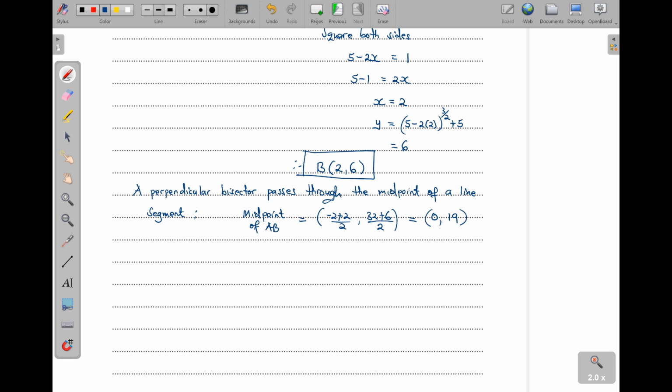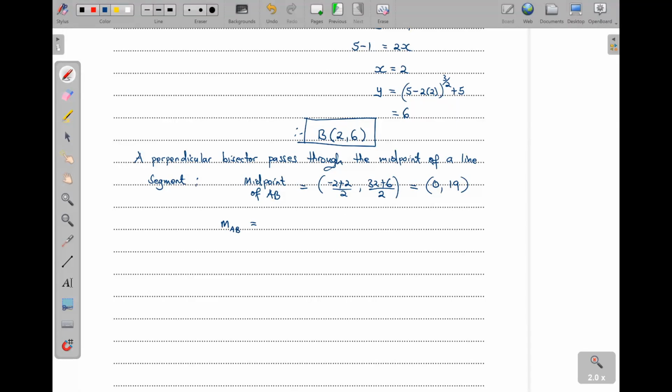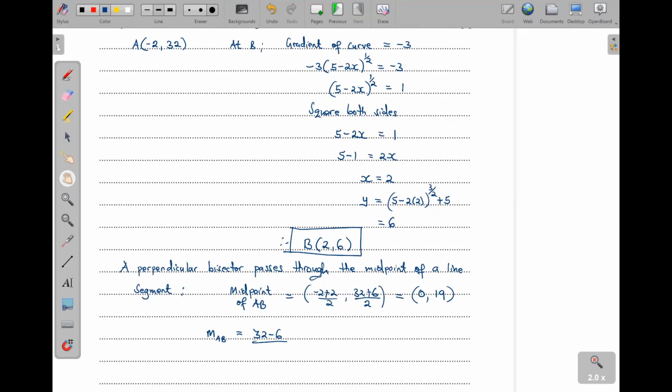Now, we need to get M1. That is the gradient of AB. Change in y over change in x. So we have 32 minus 6, out of the x coordinate of A, which is negative 2, and that of B is 2. So negative 2 minus 2. Here we are getting 26 out of negative 4.